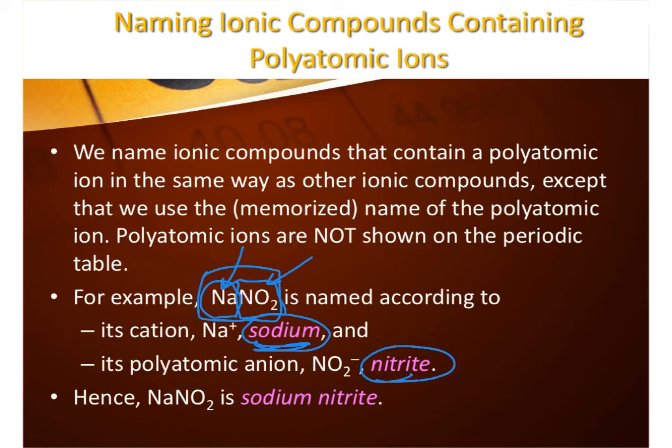Okay, NO2 is called nitrite. So the name of this ionic compound is sodium nitrite. Now you've got to be really careful because there are a lot of similar polyatomics. Whereas NO2 is nitrite, NO3 is nitrate. So be real careful with that.